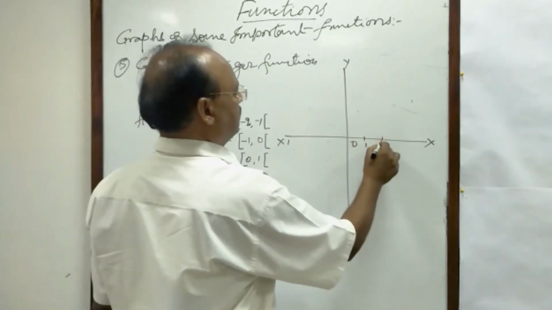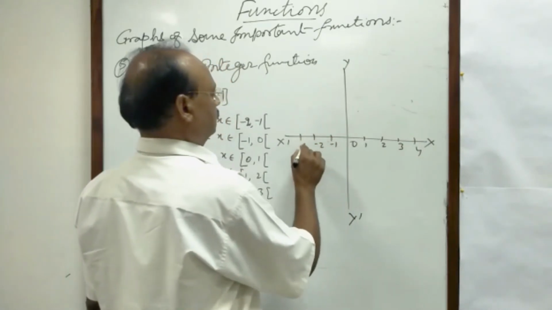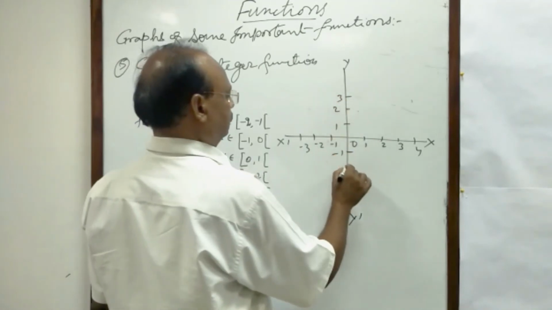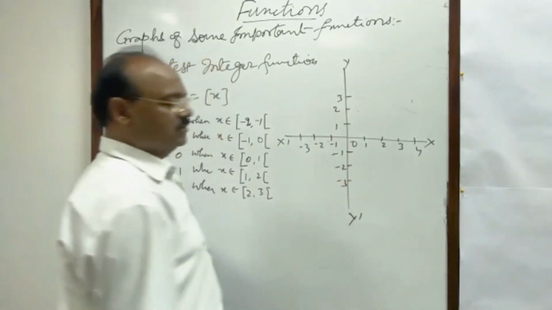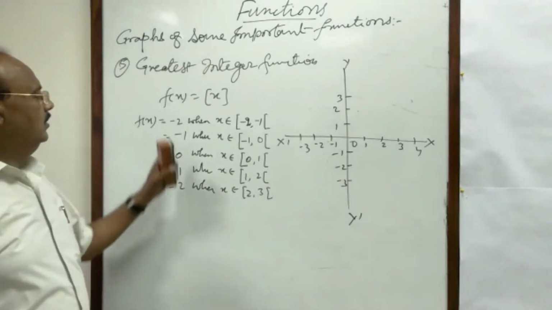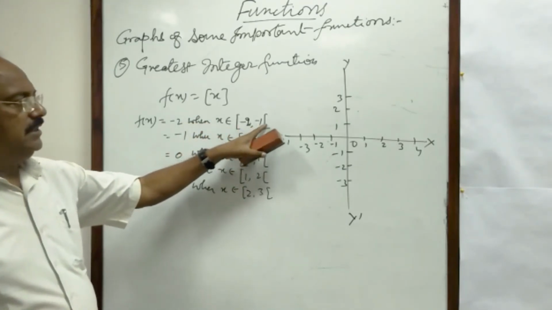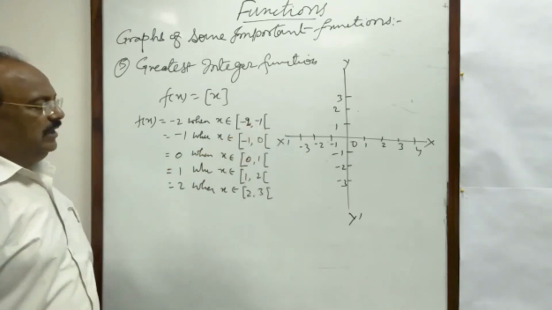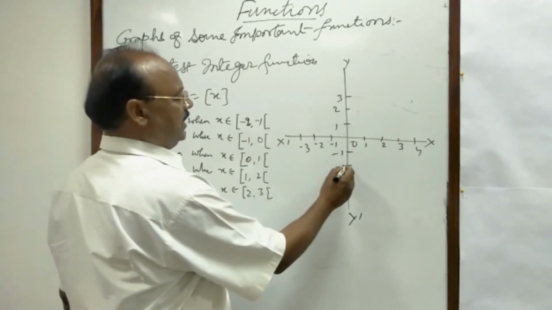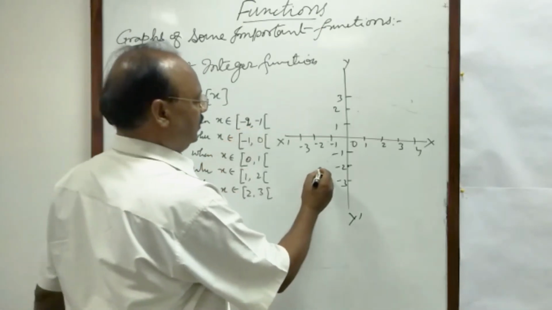The scale is like this, and so on. So you see, when the value of x is minus 2 to minus 1, here this side is open, then f(x) is minus 2. f(x) means y, minus 2 is here, and the value of x is minus 2 to minus 1, like this.